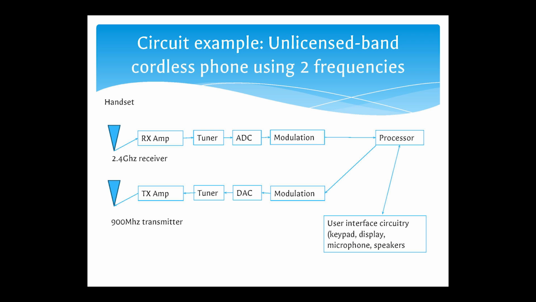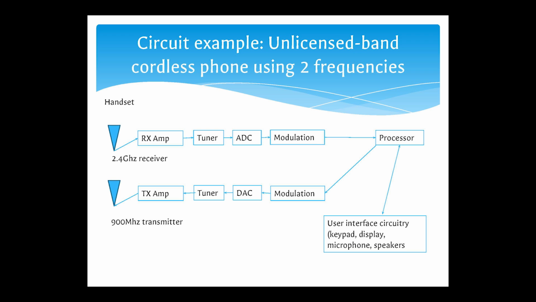If it's receiving from the base at 2.4 gigahertz, that goes to a receive amplifier, a tuner, because most cordless phones have multiple channels in case of neighbor or other interference, an analog digital converter to get these radio signals into something the circuitry can understand, a demodulator, which actually does the decoding of the complex signal into something like straight serial data, and then a processor. And the processor runs the user interface, does the audio, etc.